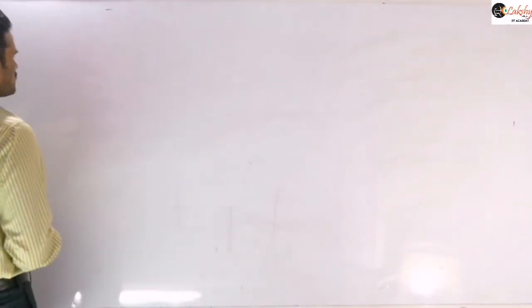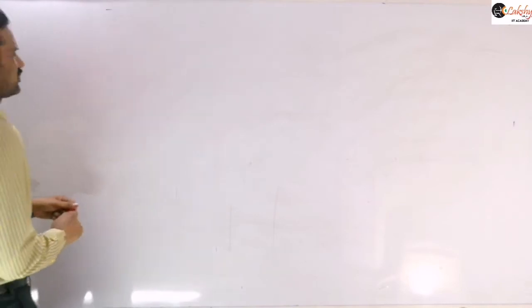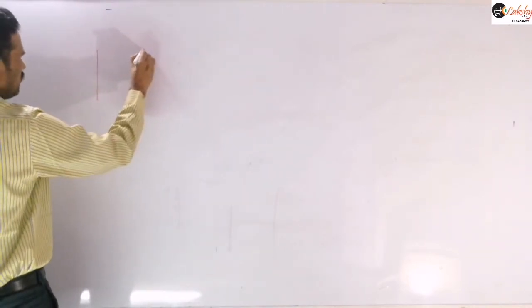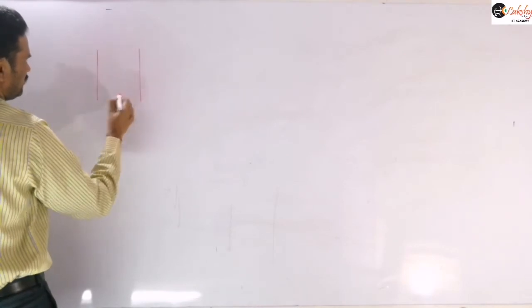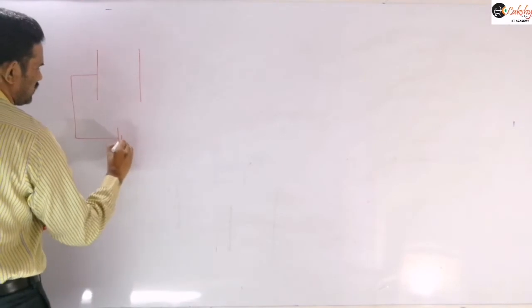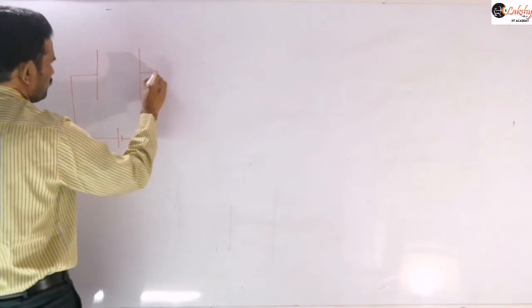Let us consider half of this filled with the dielectric here. A capacitor of capacitance C is connected to a cell of EMF V.